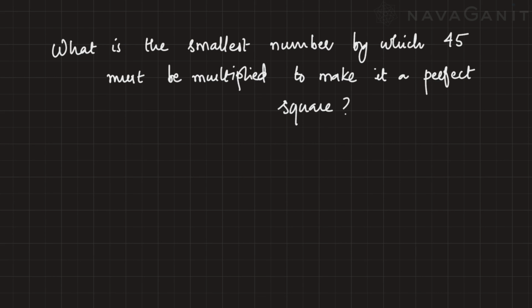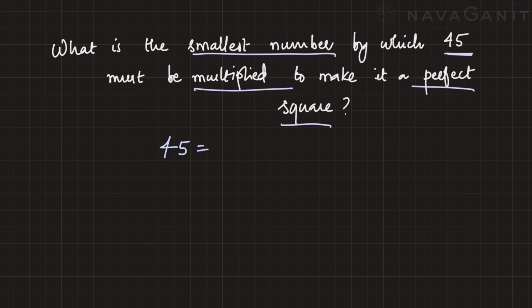Let's see another problem. What is the smallest number by which 45 must be multiplied to make it a perfect square? To find this out, we first find the prime factors of 45.